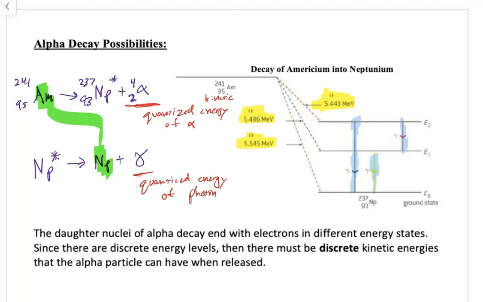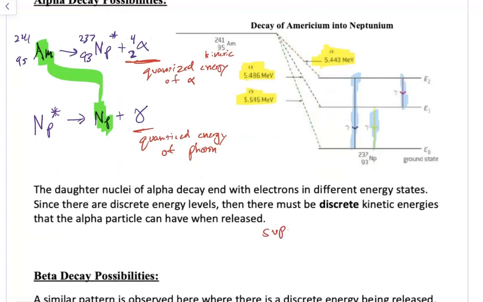So every single time there's an alpha decay, a parent nuclei decays into a daughter nuclei in different energy states, and then that daughter nuclei releases a photon, and this helps us further support the evidence for quantized energy levels.